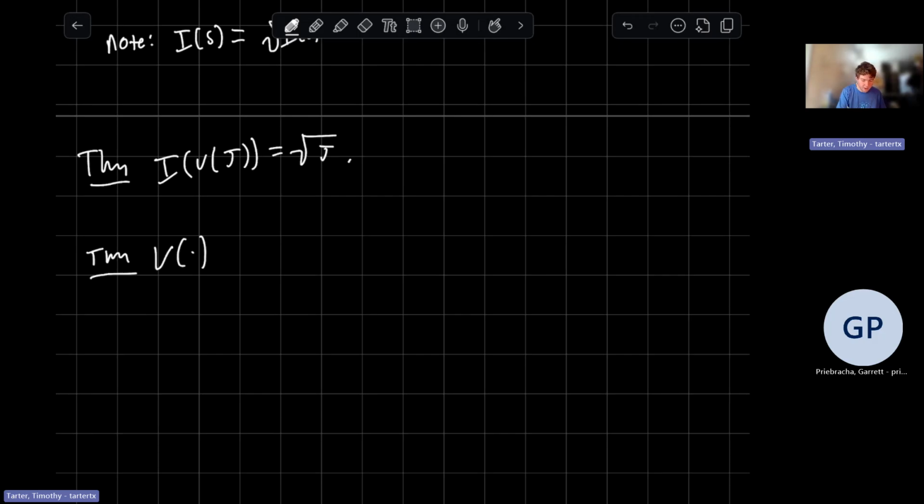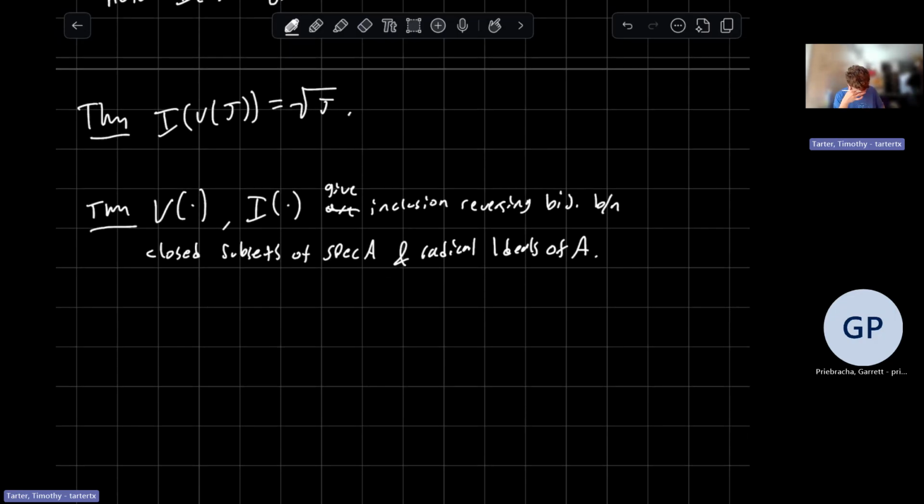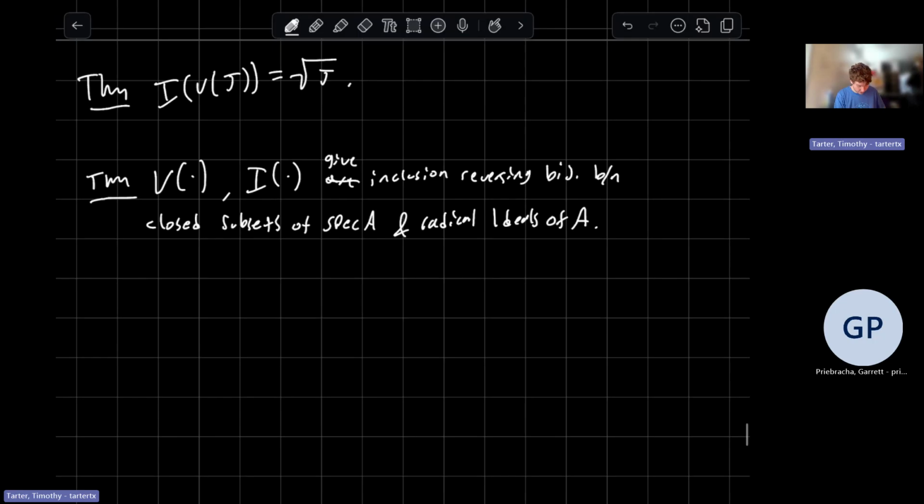And so the big theorem, and this is a big deal for Gröbner basis stuff, is that the vanishing function and the ideal of a variety function give a bijection between closed subsets of Spec A and radical ideals of A. This is occasionally called the Nullstellensatz, right?